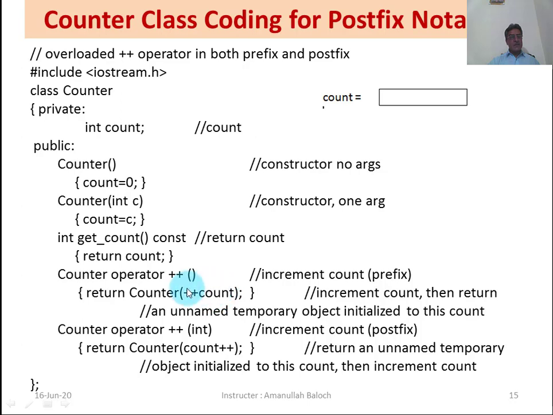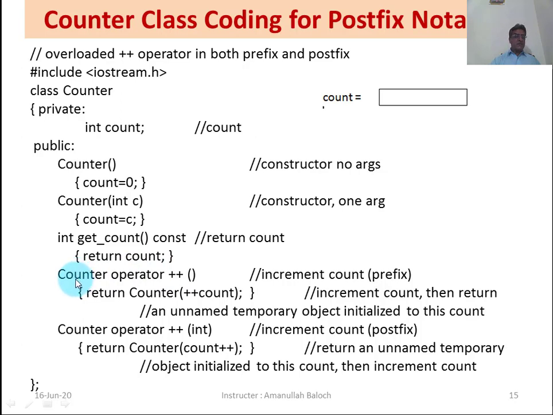Count will increment itself and will create an object here, and the value of that object will be returned to the main program. So the return type of this prefix notation of the increment operator is counter, so it will return the value of the object.